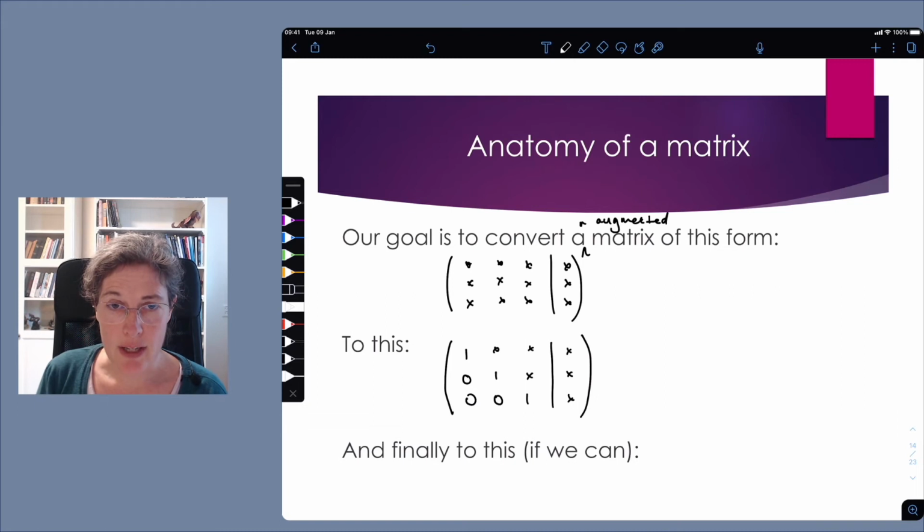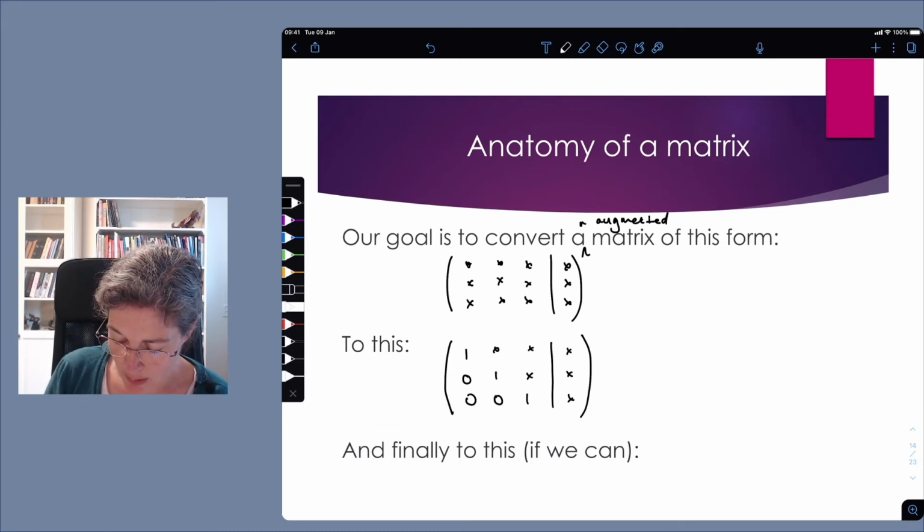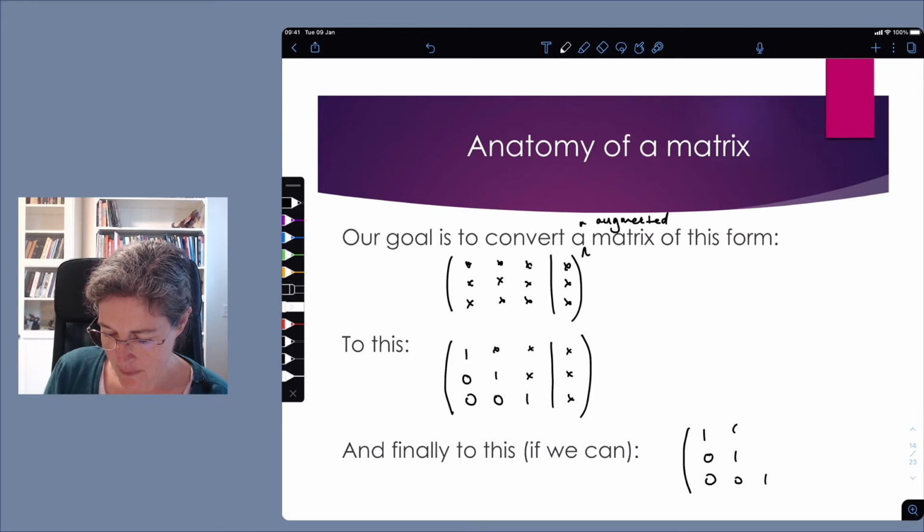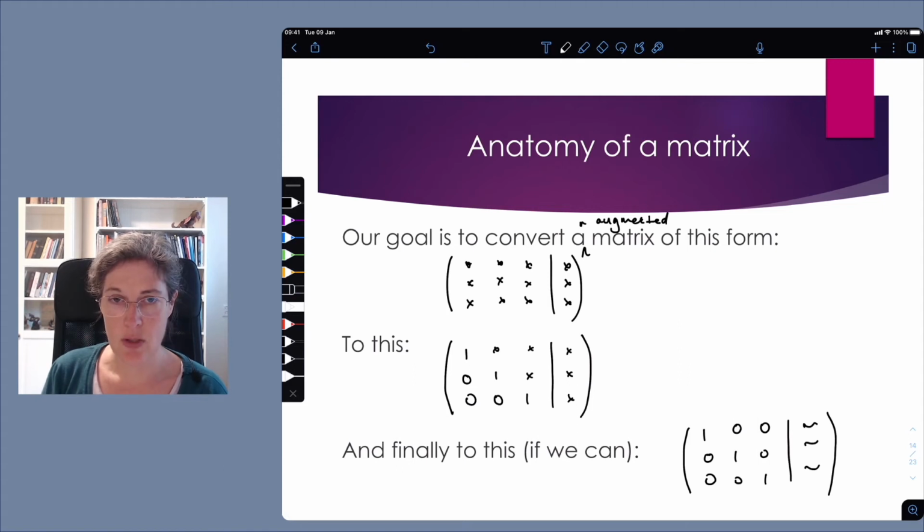And then hopefully, if we can, and we'll see cases where we can't, what we want to end up with is something that looks like this. Because then we can read off x is equal to blah, y is equal to blah blah blah, and z is equal to whatever that is equal to.